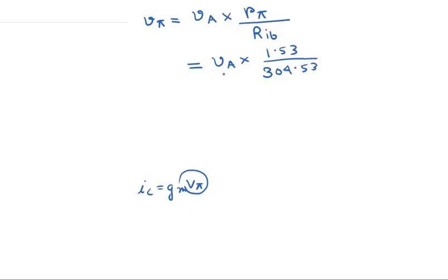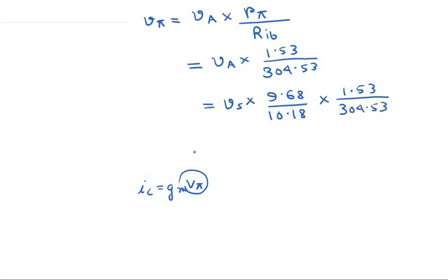So VA is equal to Vs into 9.68 divided by 10.18, into 1.53 divided by 304.53, and this is equal to 0.00479 Vs. So I have found V pi as a fraction of Vs.